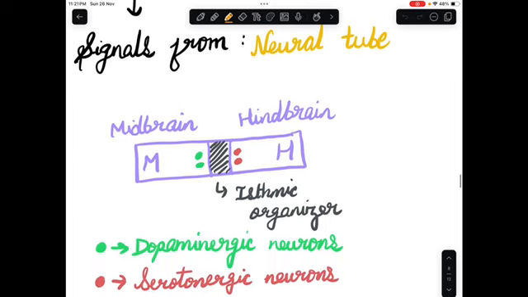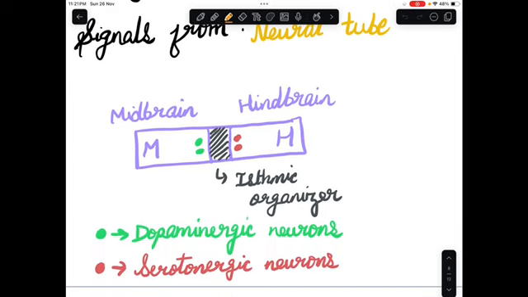Here we see in the black shaded region the isthmic organizer, and the green cells are the dopaminergic neurons of substantia nigra and ventral tegmental area, and the red cells represent the serotonergic neurons of the raphe nucleus, which lie just rostrally and just caudally to the isthmic organizer respectively.